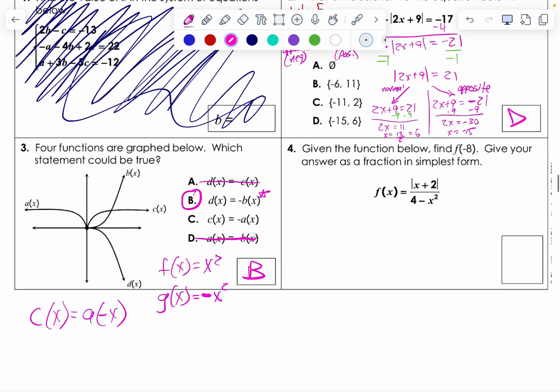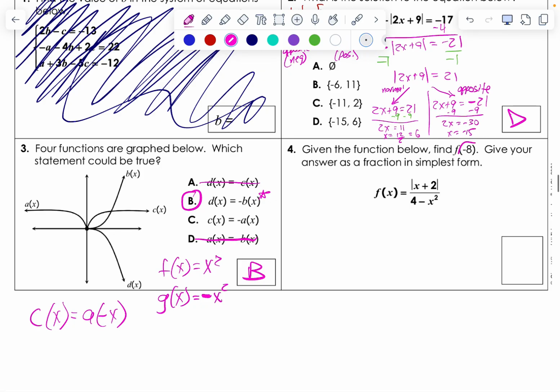Okay, number 4, find f of negative 8. So this is not solving for x. It's just taking negative 8 and plugging it in for x. And then giving your answer, okay? So if we write this out, we get absolute value of negative 8 plus 2, and then 4 minus negative 8 squared.